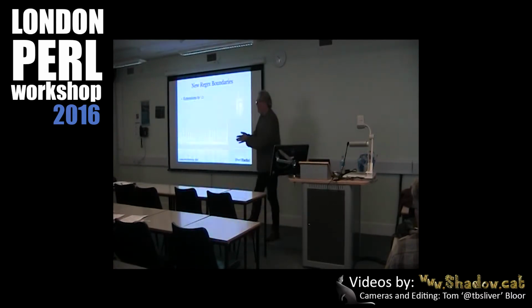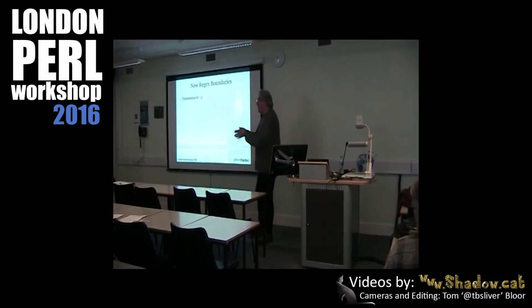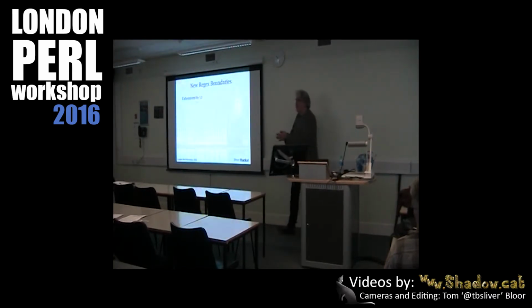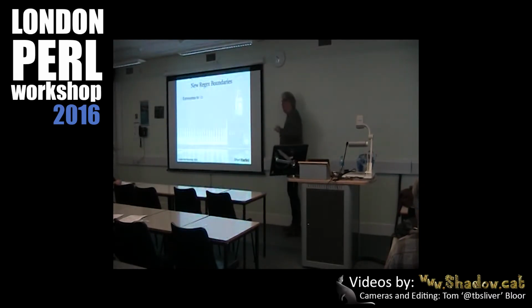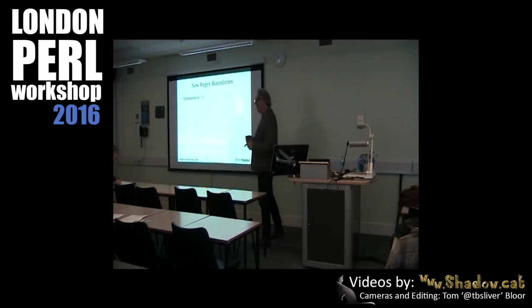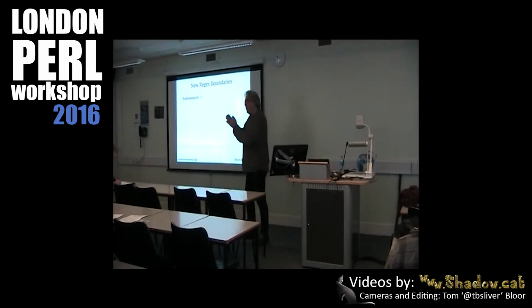\w is a word character, and it's defined as the valid characters in a Perl identifier, which is all alphanumeric characters plus the underscore. That's it. \W is everything else. So a \b, the word boundary, is any point in your string where a word character is followed by a non-word character, or vice versa.